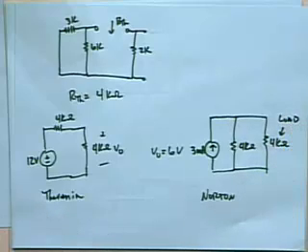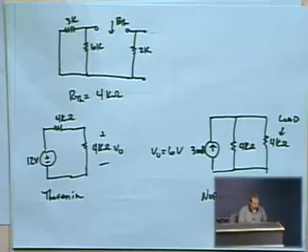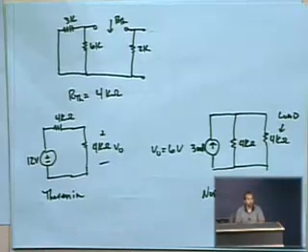You could do a current divider and find that there was 1.5 milliamps flowing through each one of those branches of the circuit. If you have 1.5 milliamps flowing through a 4 kiloohm resistor, you get 6 volts again, both ways. So what we're doing makes sense.